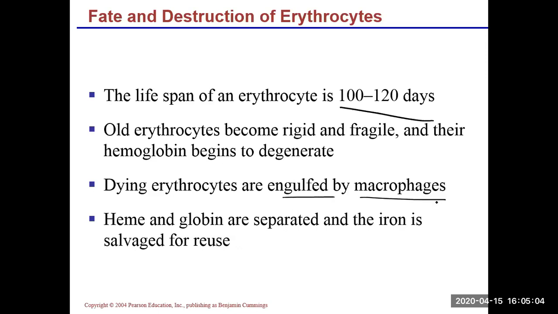Macrophages are one of those phagocytic cells, phagocytosis, cell eating. So they can chop it down and ingest it, kind of. Some of these will get filtered in the spleen. So the heme and the globin part gets separated, but iron can be salvaged for reuse.